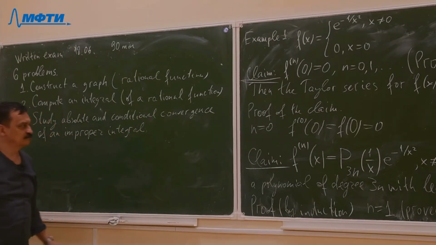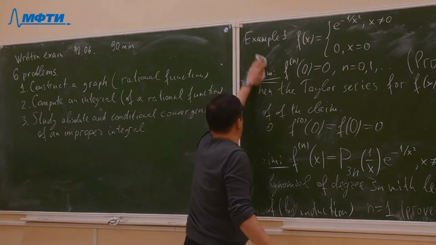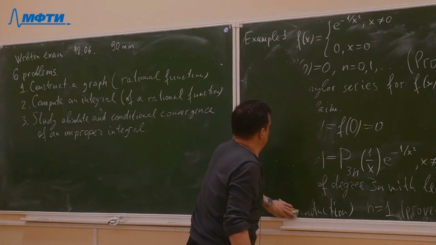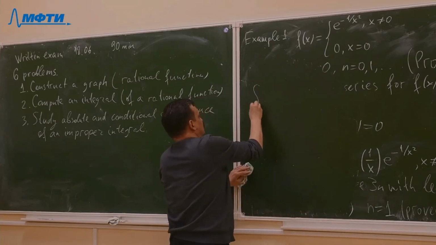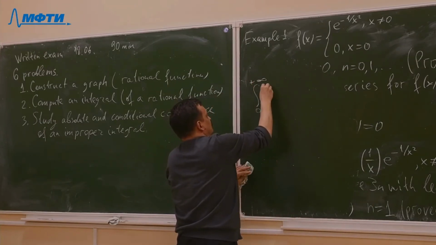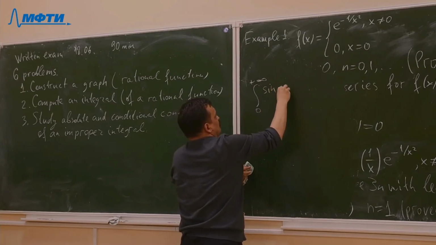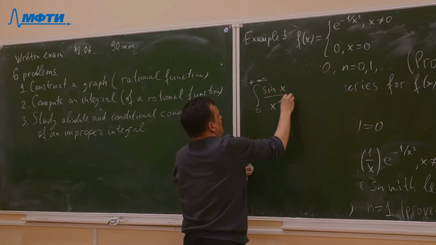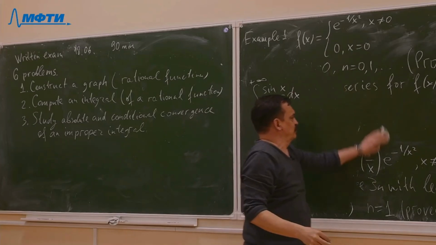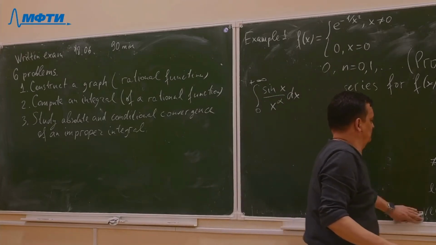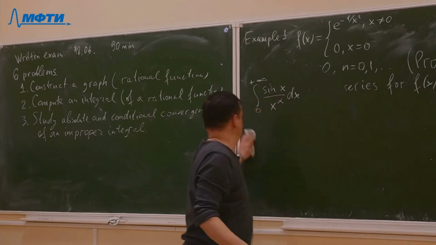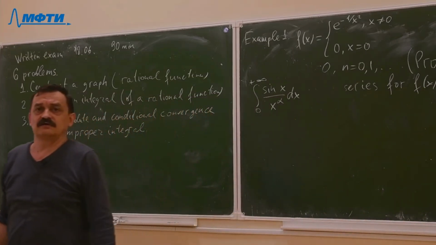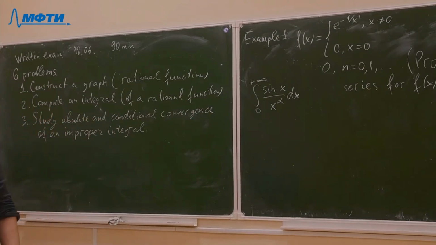You should study very carefully here the example integral from 0 to infinity of sine x over x power alpha, for example, right? Because when it converges conditionally, when it converges absolutely, for which values of alpha, and so on, right?